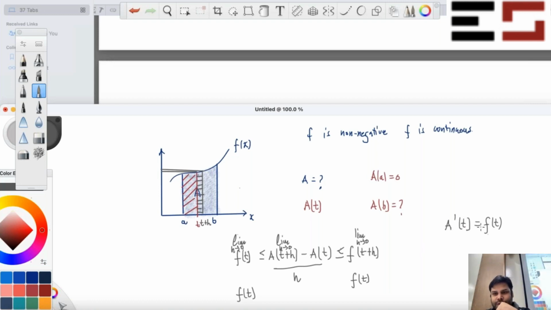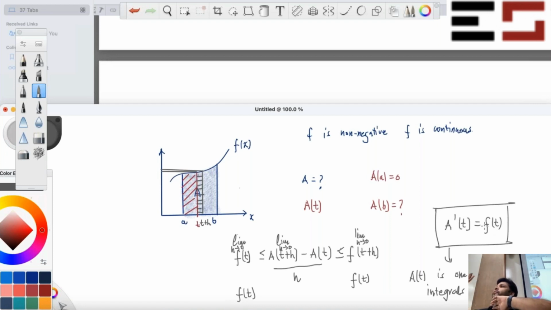Okay, so this tells us that A is one of the indefinite integrals of function f.